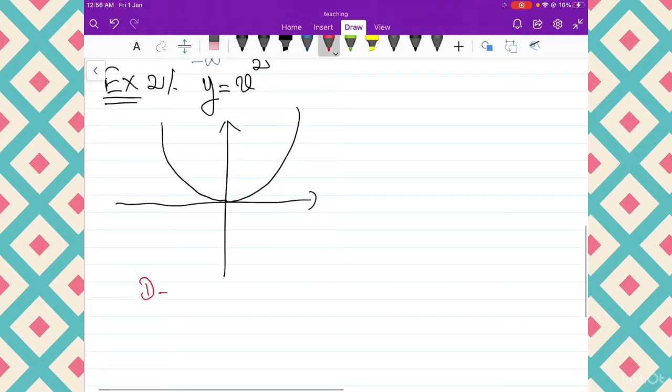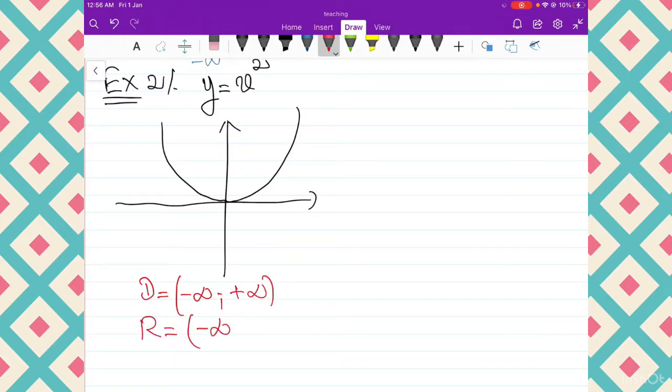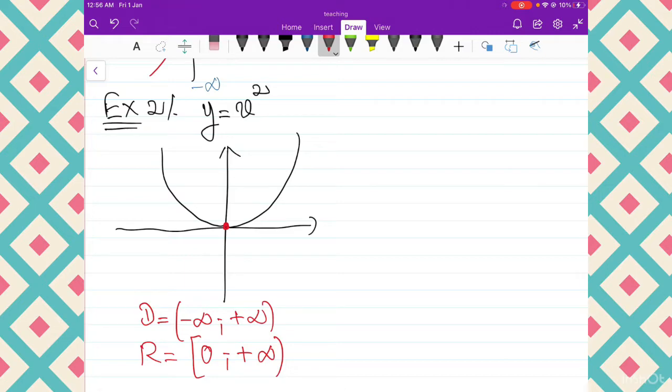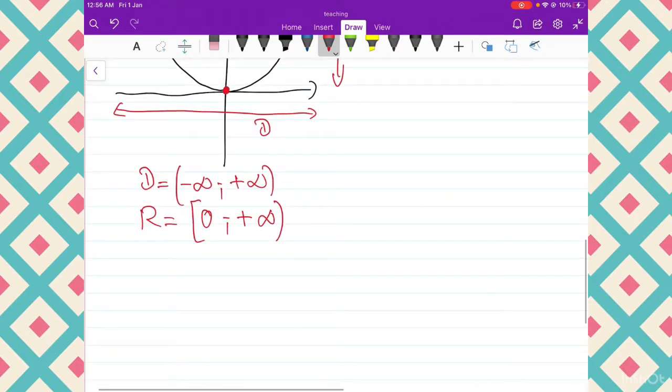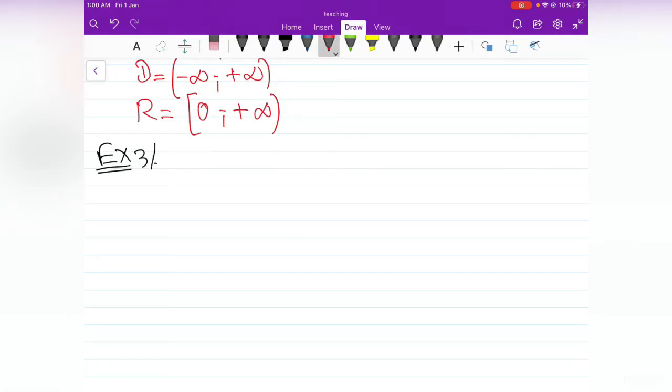So the domain is from minus infinity to positive infinity, and the range is from 0 to positive infinity, and you also include the number 0. So the range is the vertical value and the domain is the horizontal value.